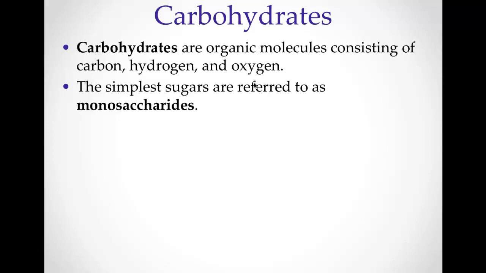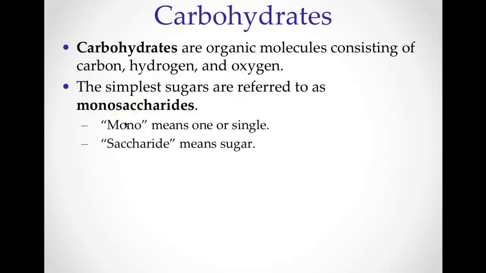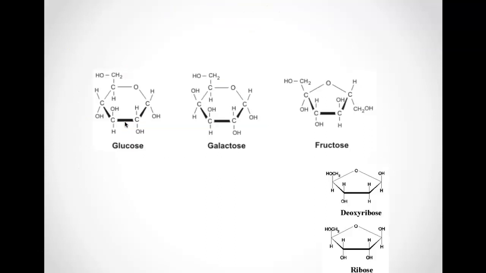Glucose is also known as a monosaccharide. Anytime you put a carbohydrate into water, into an aqueous environment, it's going to form what we call a ring. I'm going to show you a picture of that in just a minute. If one ring is formed, it's called a monosaccharide. Mono meaning one, saccharide meaning sugar.